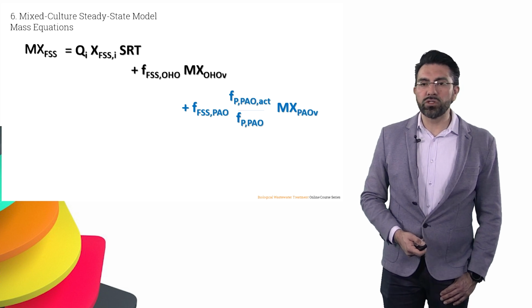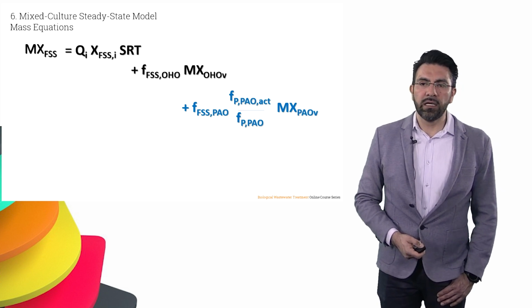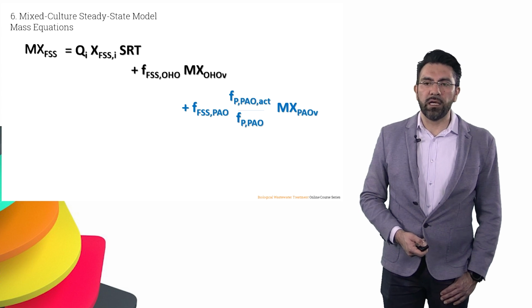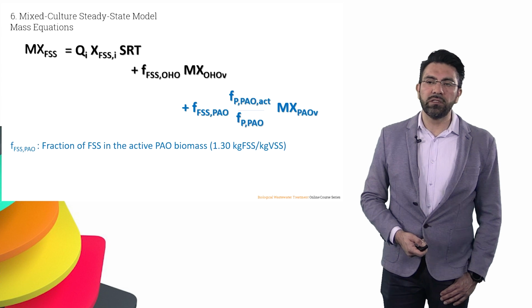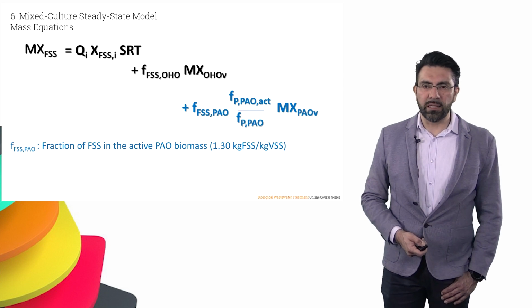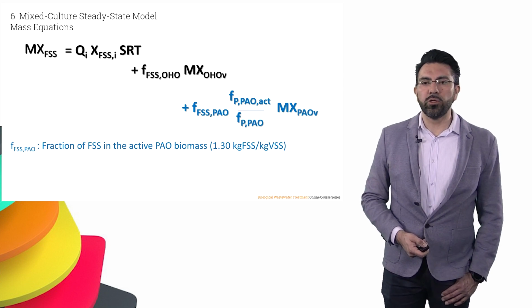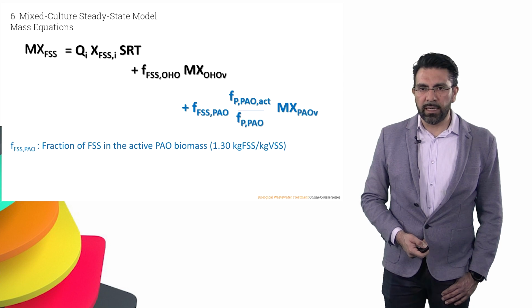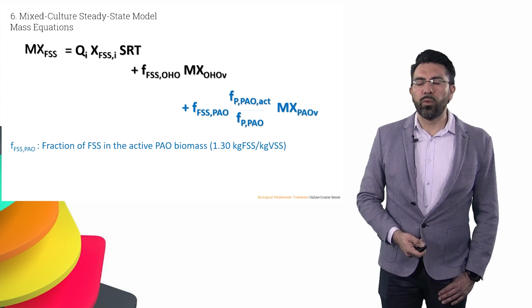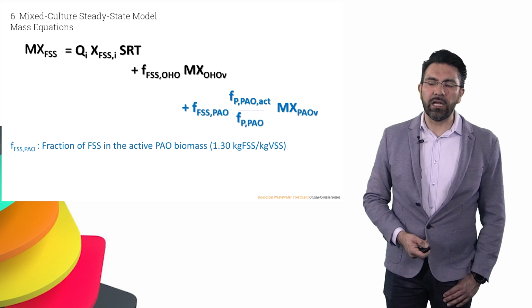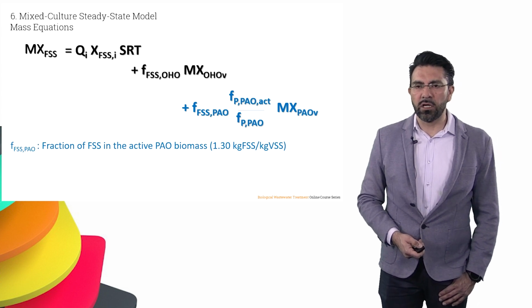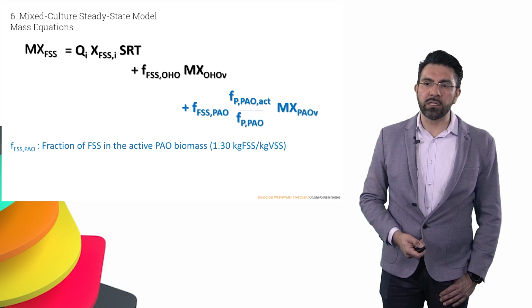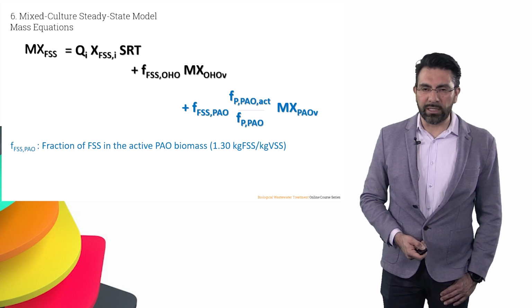And the last, and potentially for the design the most important, estimation of the fixed suspended solids is the fraction that the PAOs can contribute to the system. In this case, the PAOs will add up to 1.3 kilos of fixed suspended solids per every kilogram of volatile suspended solids of the active biomass of the phosphorus accumulating organisms.